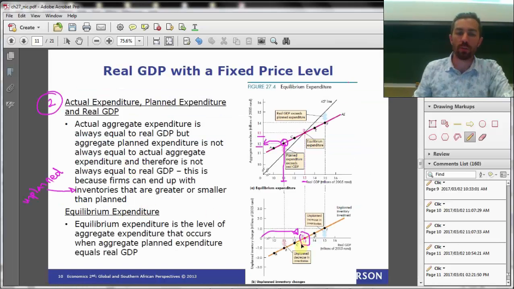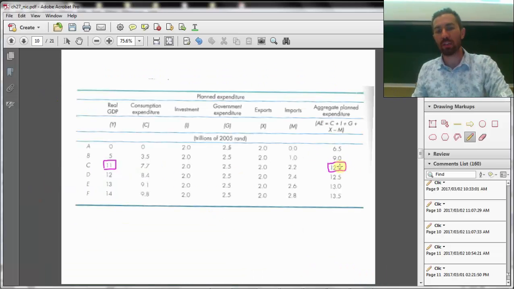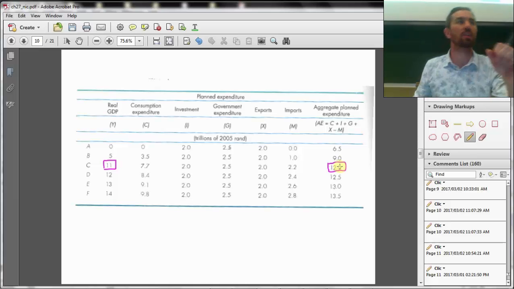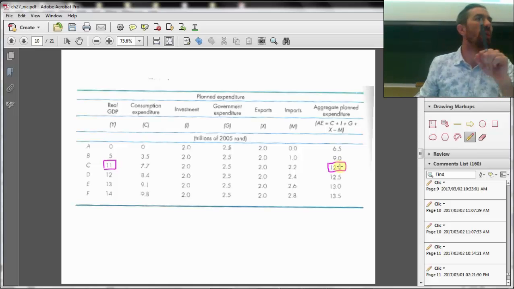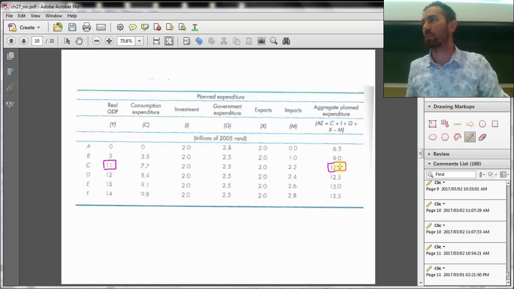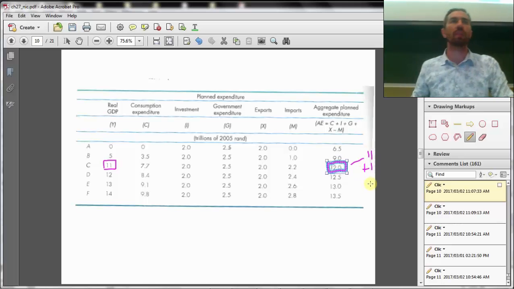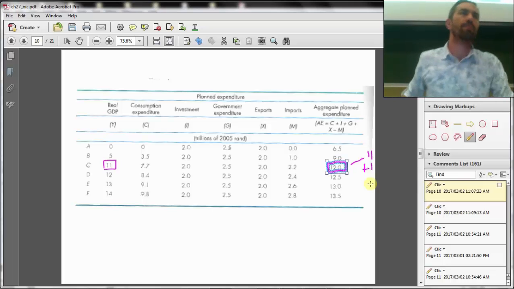Because firms had an unplanned decrease in inventories. In other words, some of this expenditure is expenditure on inventories that were kept aside from a previous period. Does that make sense? We produced an output of 11. Okay, so what we spent, in this 12, was we produced 11 plus we drew down inventories by a value of 1. Okay?